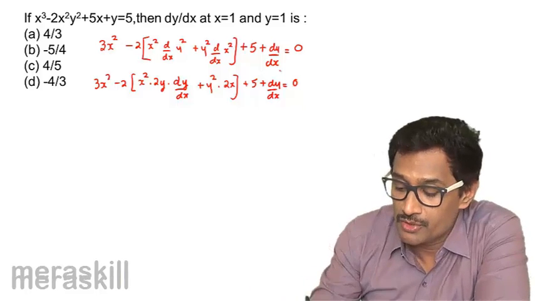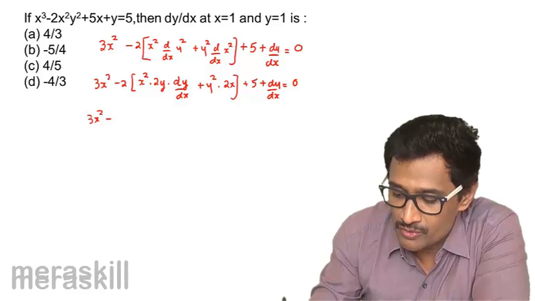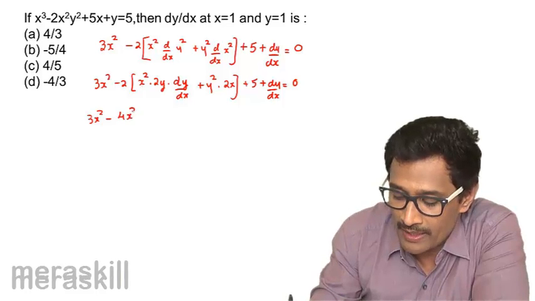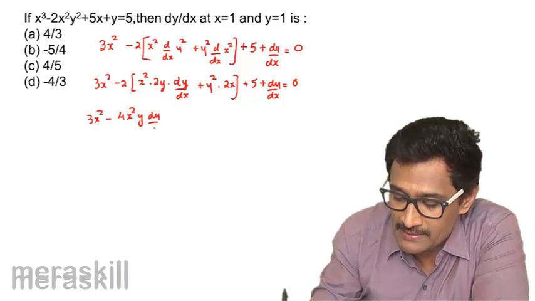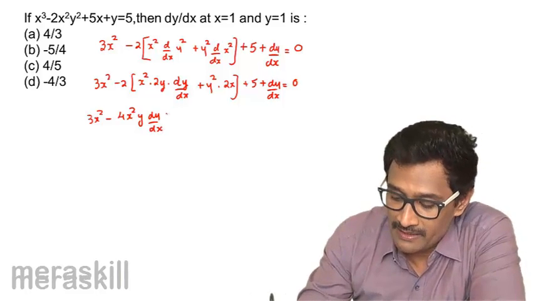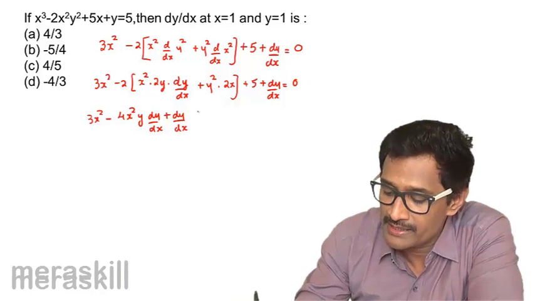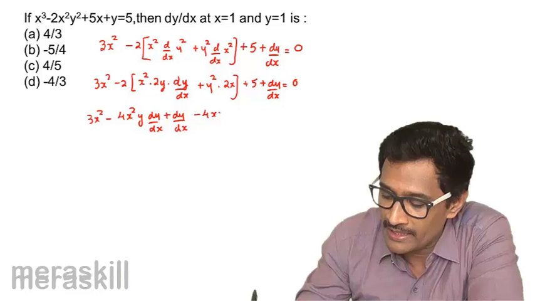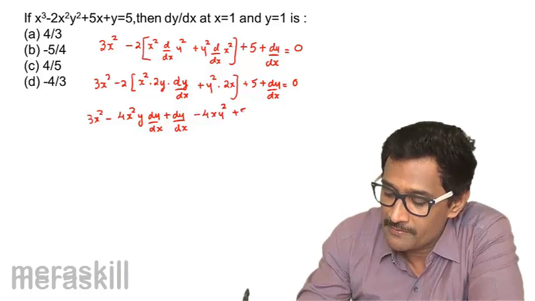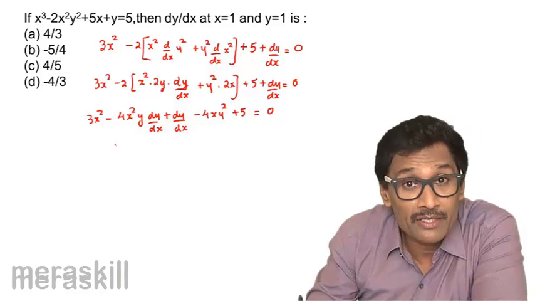Now what we need to do is, it's going to be 3x square minus 2 into 2, that is 4x square y dy by dx. Let's collect this dy by dx together, plus dy by dx. Then minus 2 into 2x, that is minus 4xy square, plus 5 is 0. Now we need to find dy by dx.